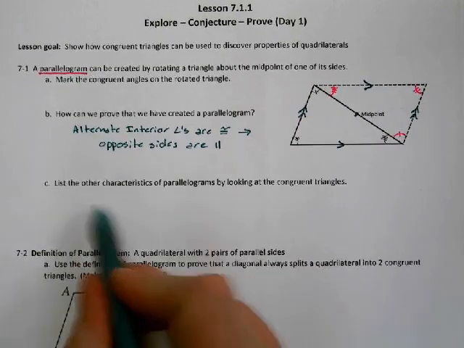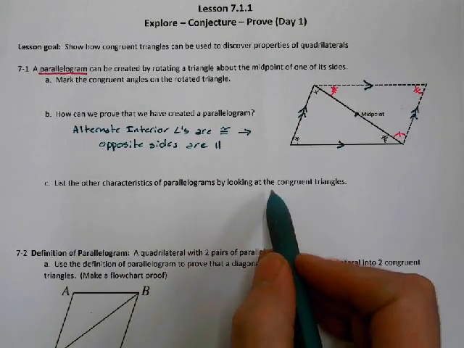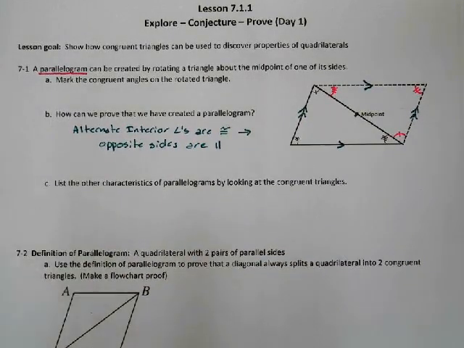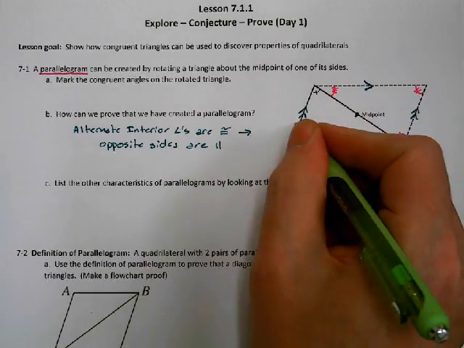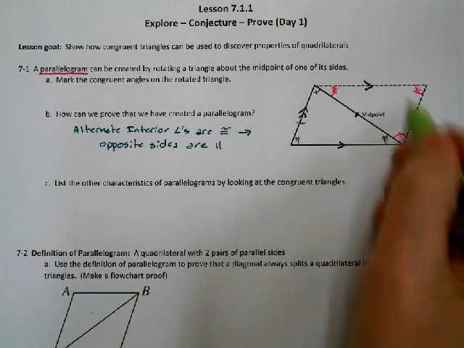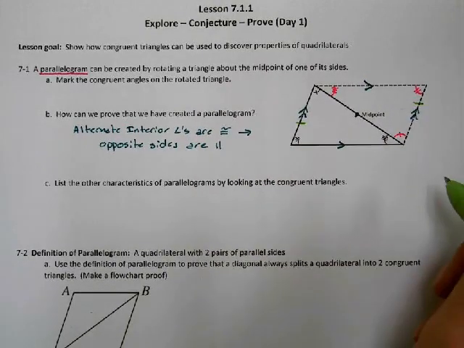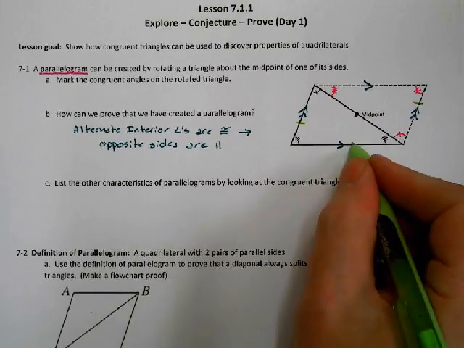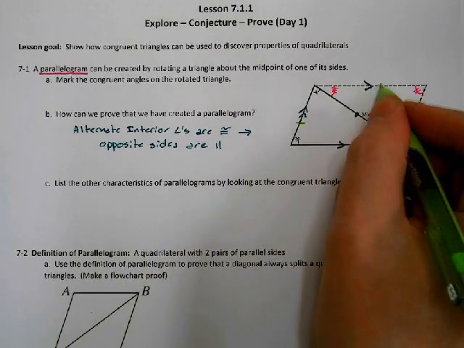List the other characteristics of the parallelograms by looking at the congruent triangles. Well, we can find other things that are going to be congruent. For instance, since this side here was rotated all the way over here, these two sides have to be congruent to each other. And this side was rotated all around to this side.